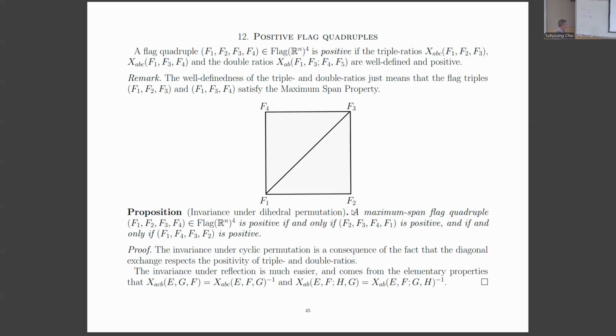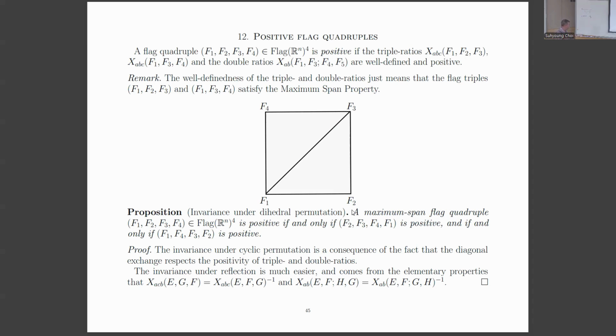A flag quadruple is positive if and only if the one obtained by cyclic permutation is positive, and if and only if the one obtained by reversing the orientation is positive. Namely, being positive is invariant under the symmetries of the square. It's invariant under the dihedral permutation. A dihedral permutation is the composition of a cyclic permutation and a reflection.